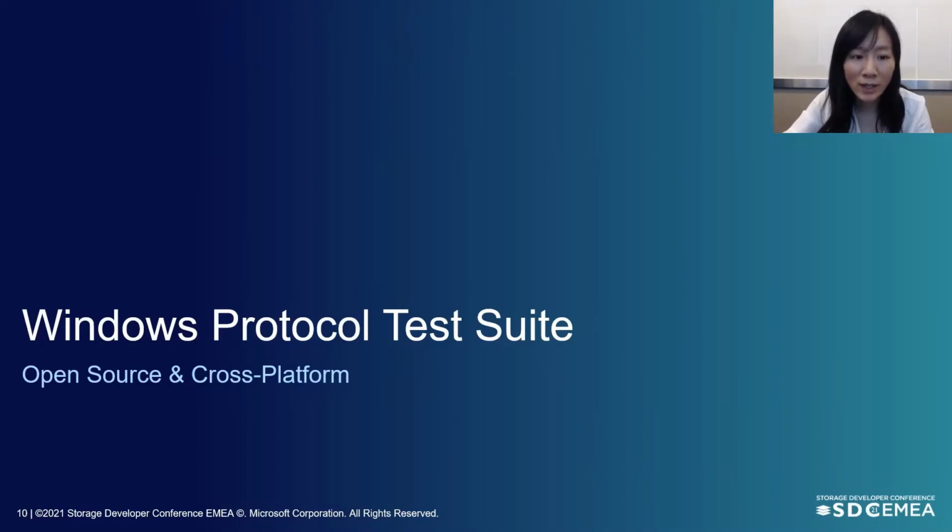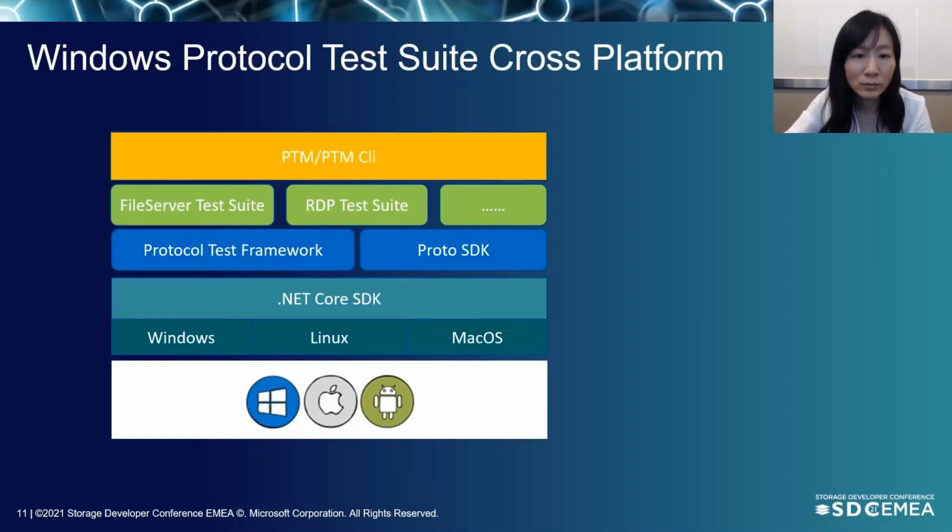Now I'd like to talk about the open source and the cross-platform effort for our Windows Protocol Test Suite. In the recent releases, we have migrated from the previous .NET Framework to .NET Core SDK, which enables us to support other platforms like Linux and Mac OS besides Windows.